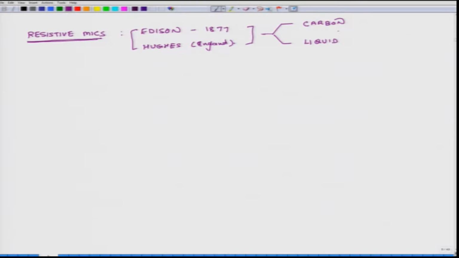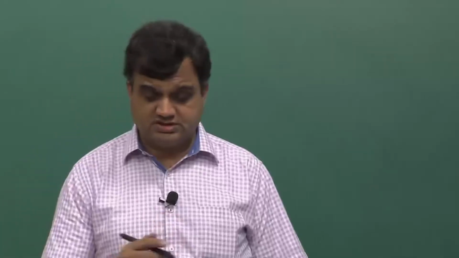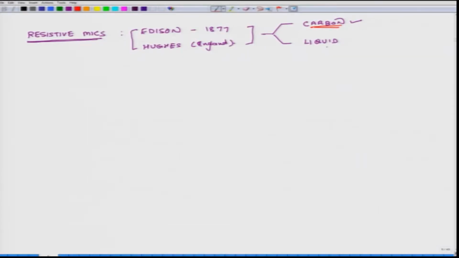As the name suggests, in the first case we use graphite particles to measure changes in resistance, and in the other case we use liquids to measure changes in resistance. We will discuss the carbon microphone first. It was invented by these two guys. The liquid microphone was made by another inventor, Alexander Graham Bell. So, let us understand how a carbon microphone works.